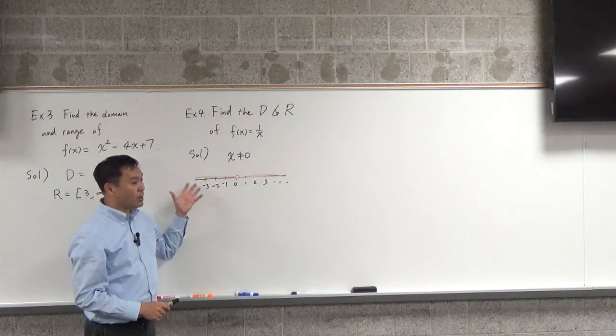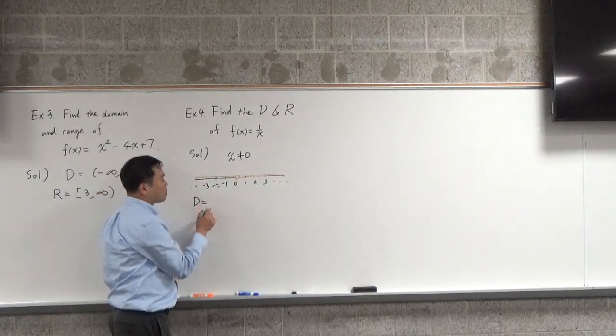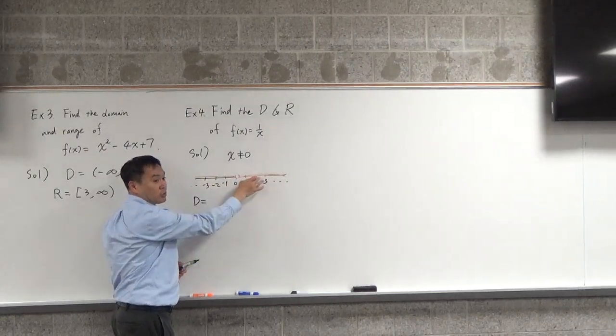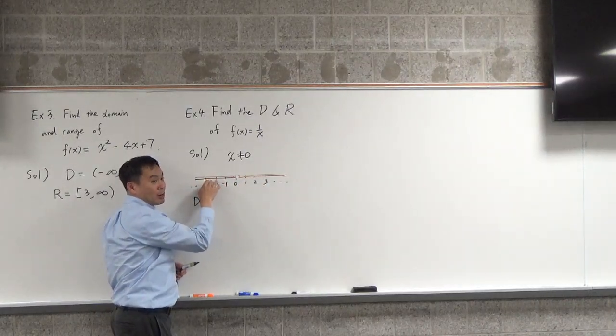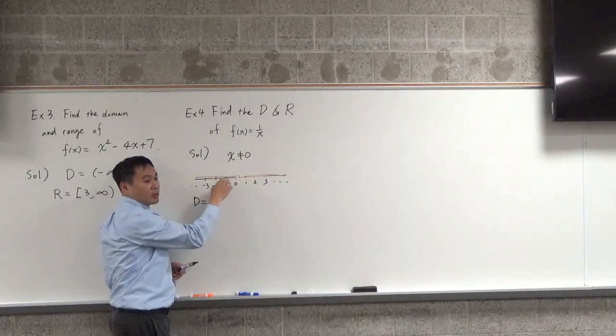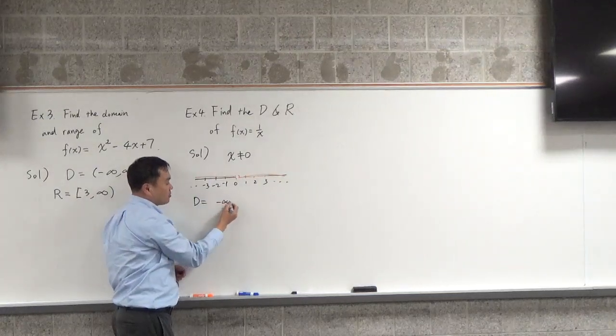Now our goal is to write this in terms of interval notation. And when you try to do that, because there's a hole, there are 2 intervals, right? There's an interval here and there's an interval here. How do you express this interval? Where does it begin? Negative infinity. It's all the way from the left, that's negative infinity.